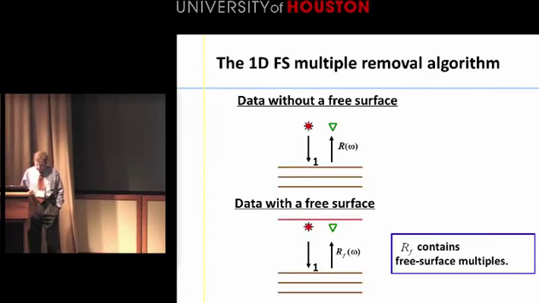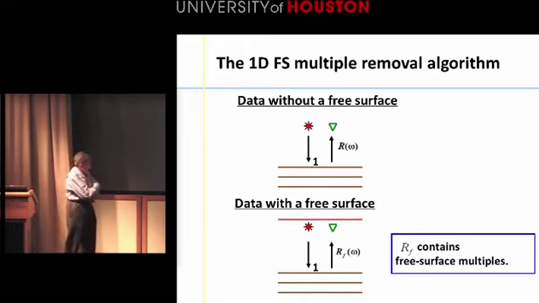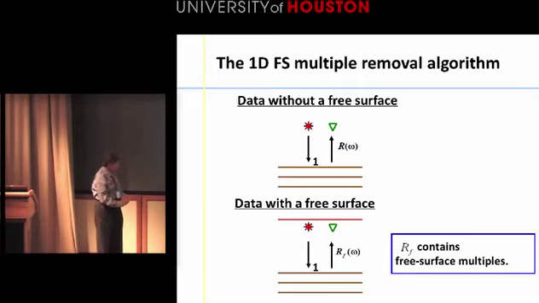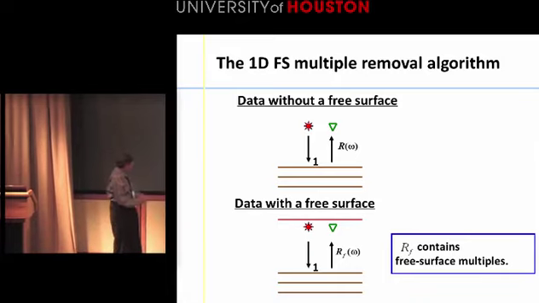Okay, free surface multiple movement. This is a cartoon, very simple, but I think instructive derivation that corresponds to what Paulo Carvalho did in multi-dimension. In other words, yes, in multi-dimension, coming from the inverse scattering series.